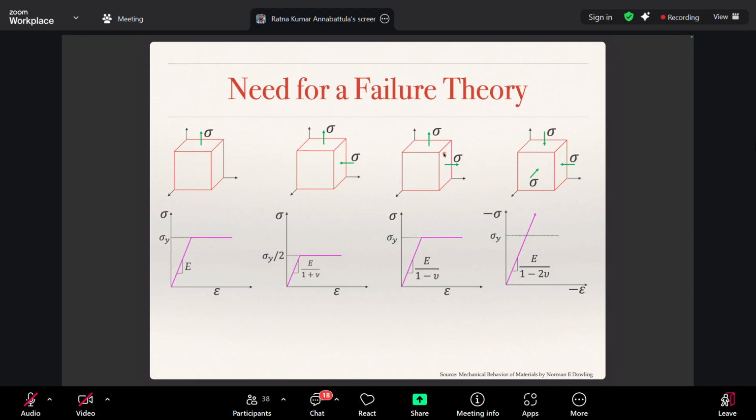Root 2 sigma is equal to sigma y, so sigma is equal to sigma y by root 2. So here it should have been sigma y by root 2, not sigma y.